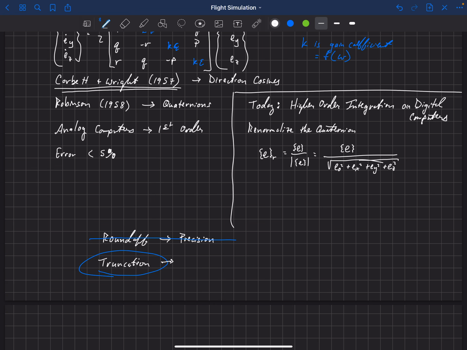So we're only including certain orders of polynomials, so to speak, to represent the physics. So this is a truncation error problem. So this has to do with the order of the simulation. Okay, and that's where orthogonality error comes from. It's not a round-off problem, it's a truncation problem.